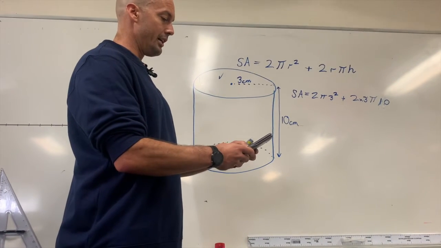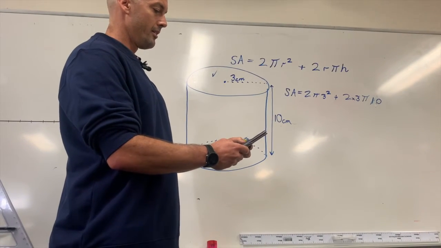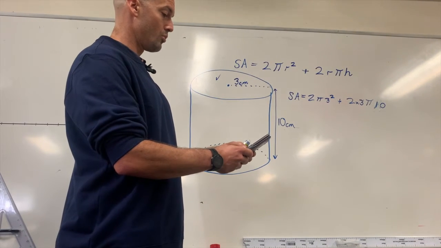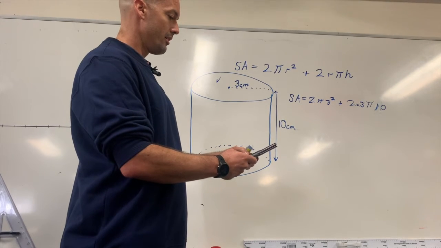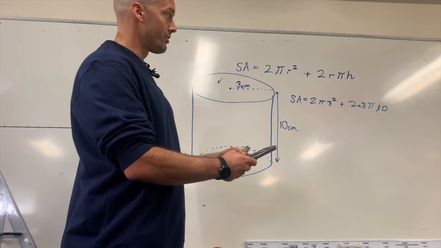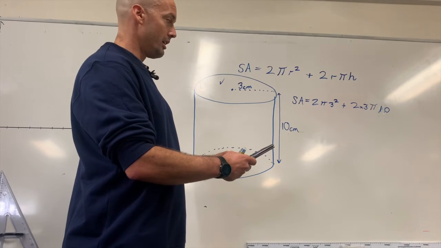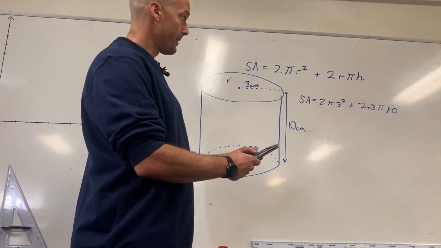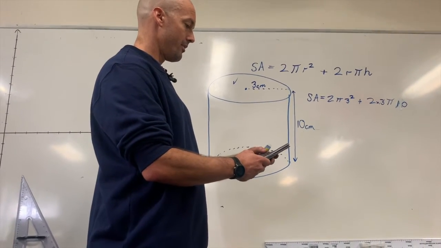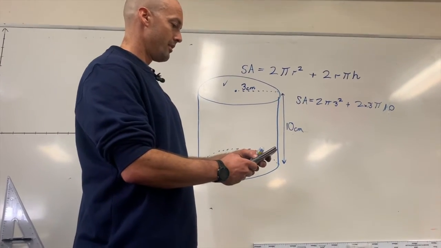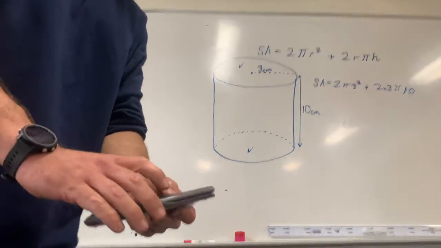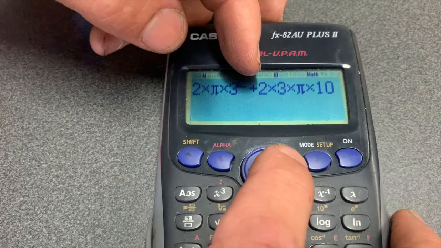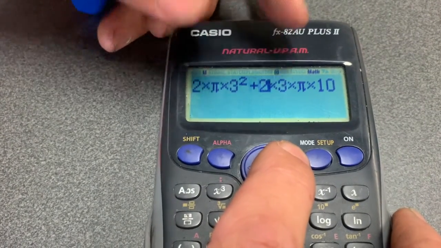We say 2 times pi times 3 squared, plus 2 times 3 times pi times 10.